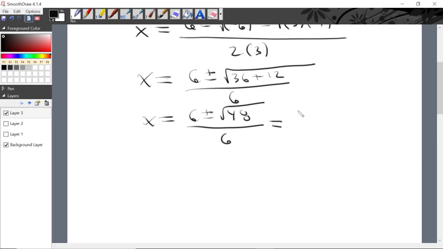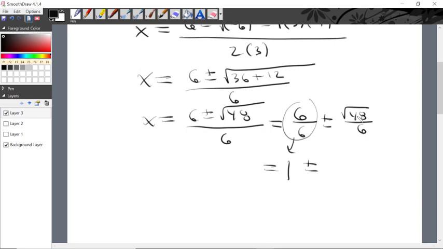So I would suggest that we write it as 6 over 6 plus or minus the square root of 48 over 6. That could be one way to avoid the mistake of just canceling these and leaving this alone. Okay, separate them. Now this can reduce to 1, but this we have to do a little more playing around with.